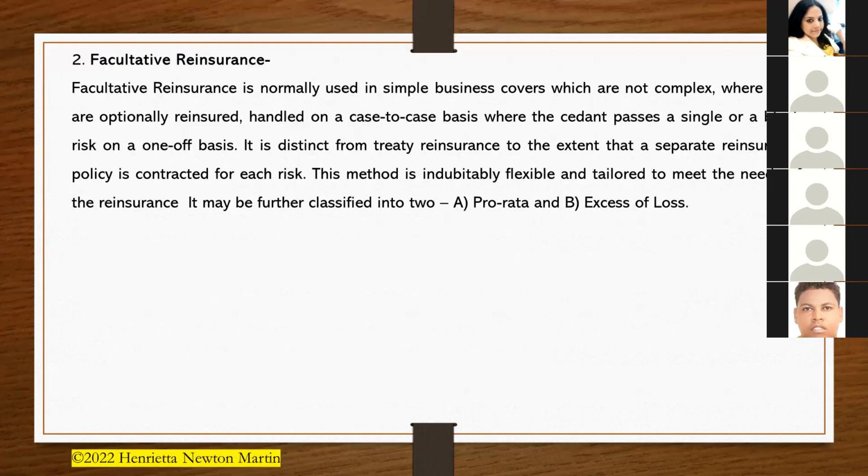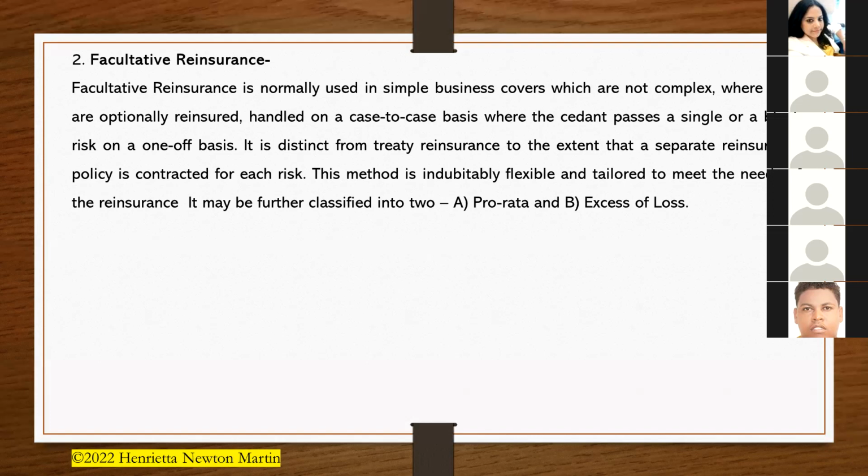And next is facultative. It is used in simple business covers, not complex ones, where risks are optionally reinsured and handled on a case-to-case basis, where the cedent passes a single or a block risk on a one-off basis. It is distinct from treaty reinsurance to the extent that a separate reinsurance policy is contracted for each risk.